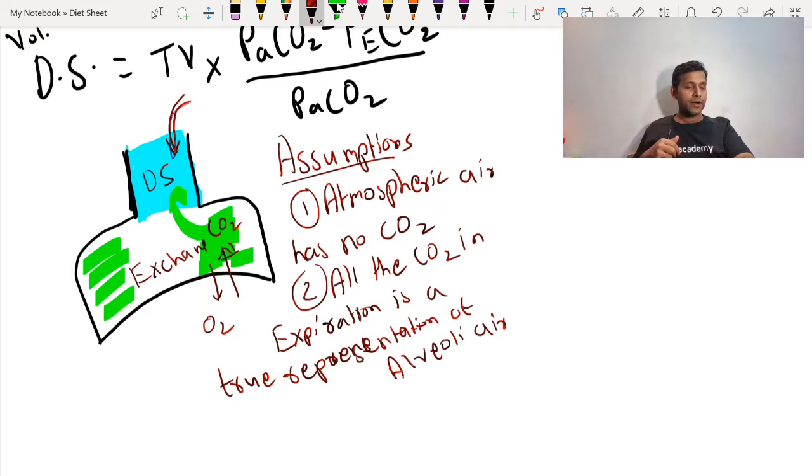So all the carbon dioxide coming in expiration has its source only from alveoli. That carbon dioxide represents the carbon dioxide of the alveolar volume.